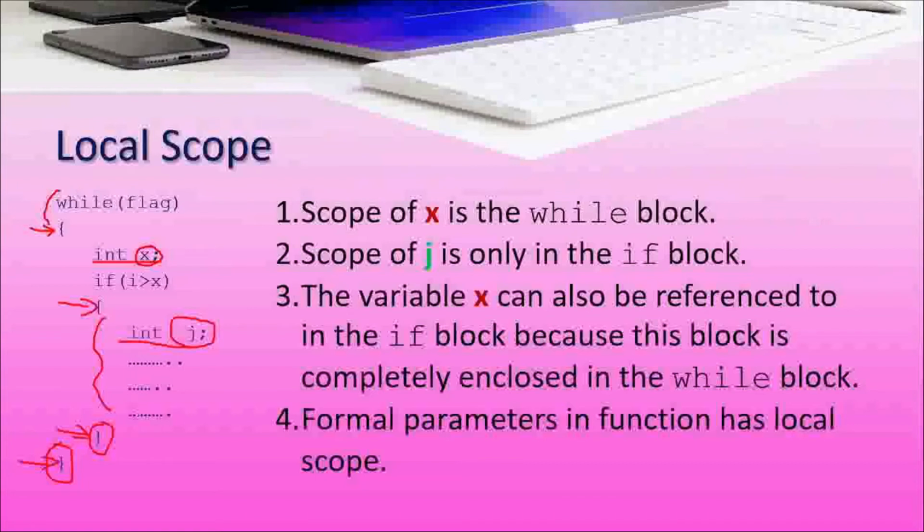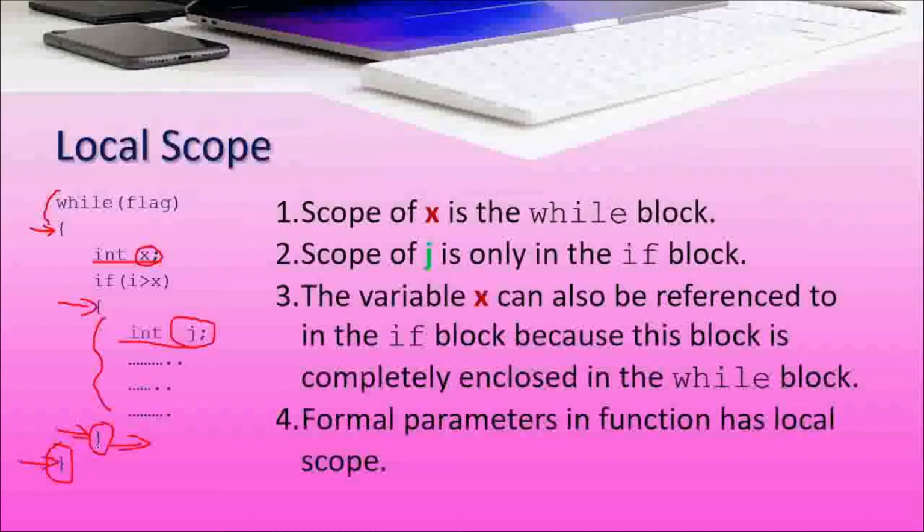If you try to access the value of j outside, after this closing curly brace, it will show an error, because j is not defined outside this block. The variable x can also be referenced in the if block, because this block is completely enclosed in the while block.